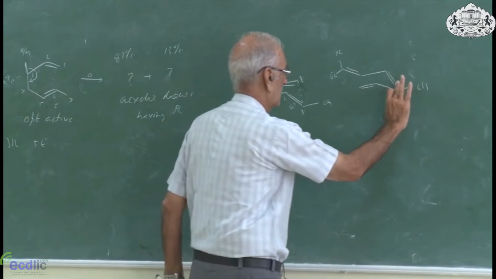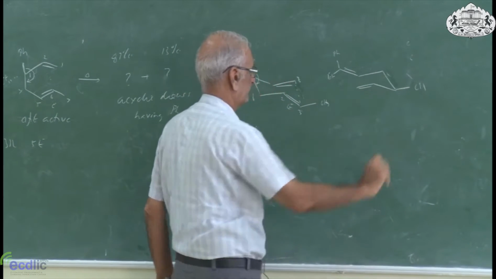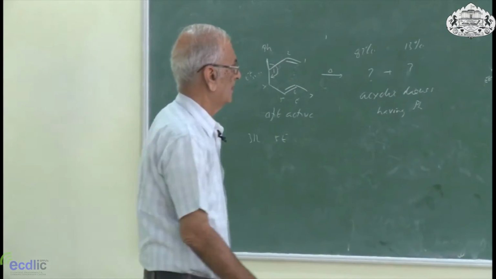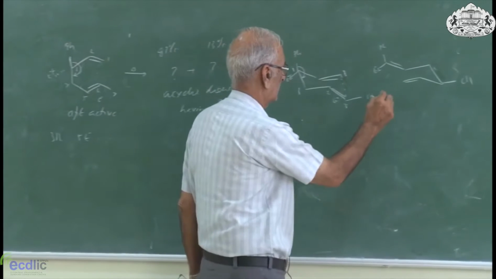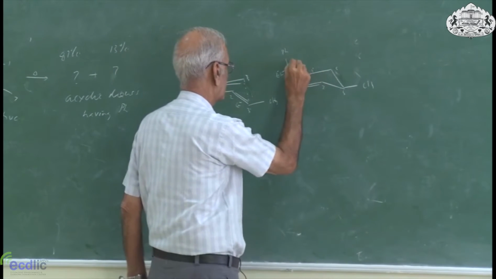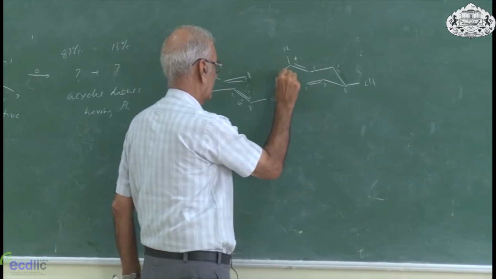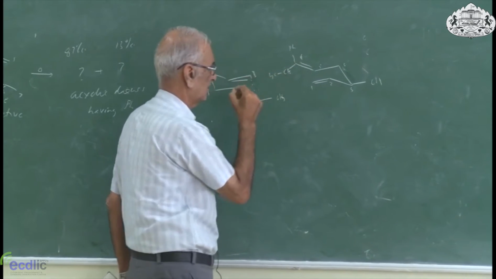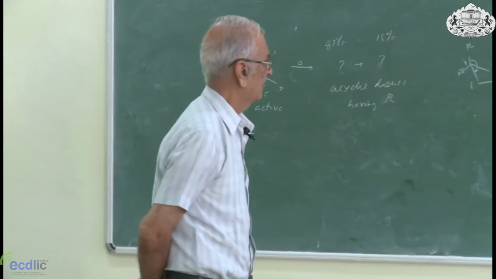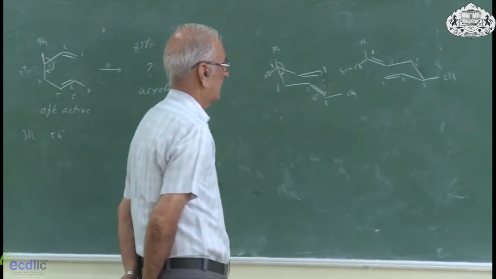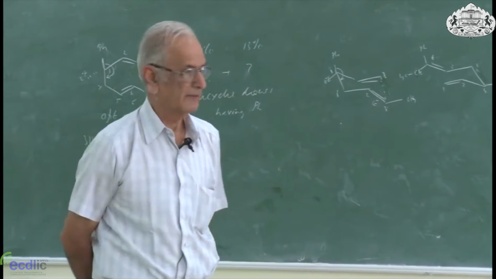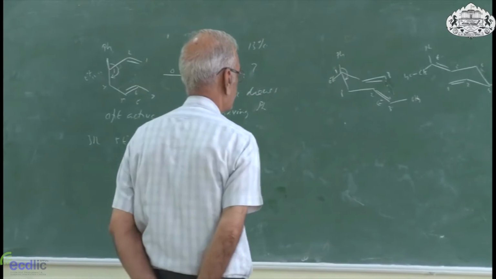One, 2, 3, 4, 5, 6, 7, 8. So, 5-octadiene, 3-methyl, 6-phenyl, 1,5-octadiene. Okay.